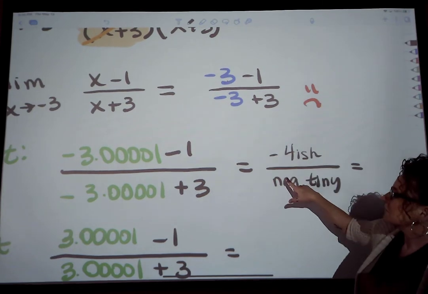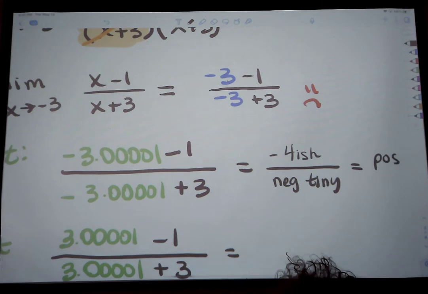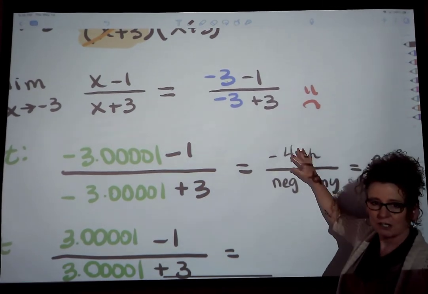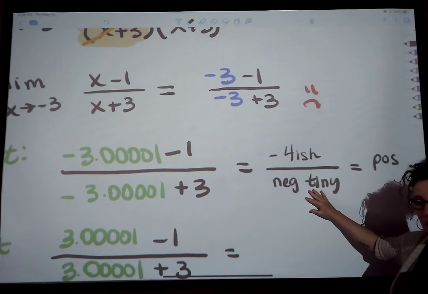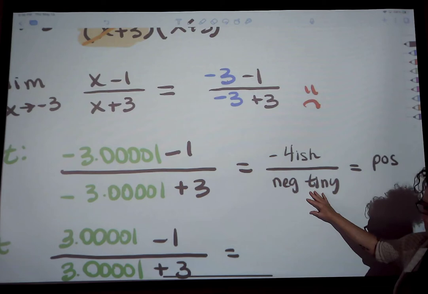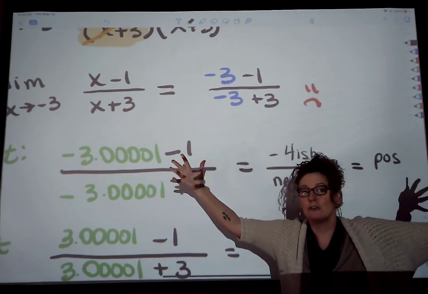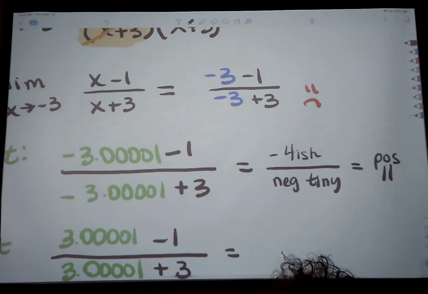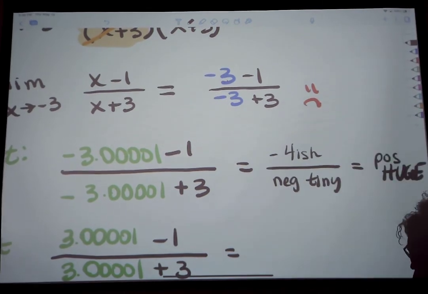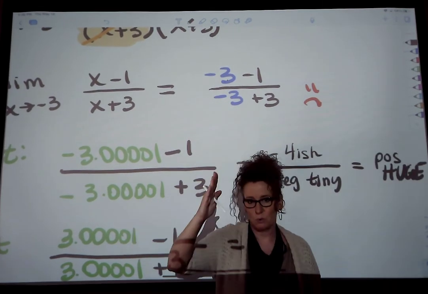So a negative divided by negative gets me a positive. And 4-ish over a tiny number, 4-ish divided by a tiny number is going to get me a huge result. So I think from the left, my y values are headed toward positive infinity.